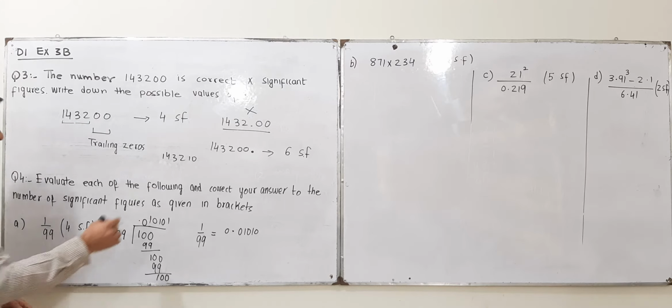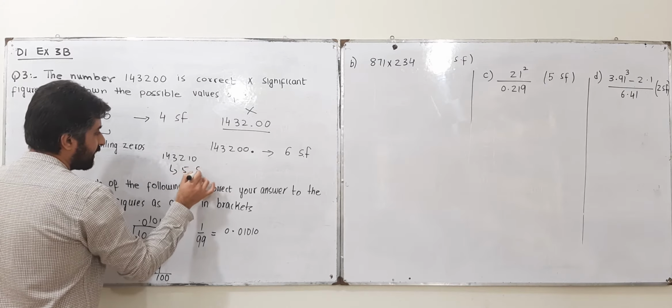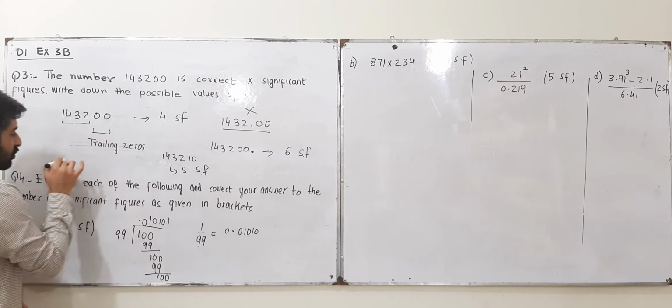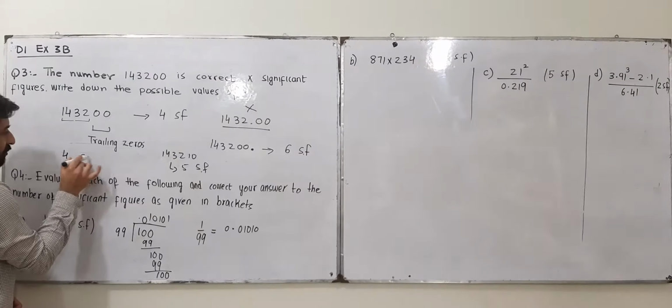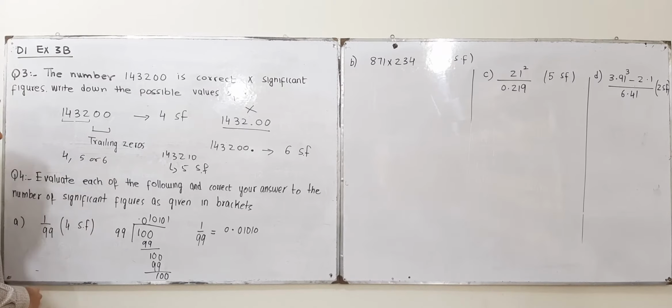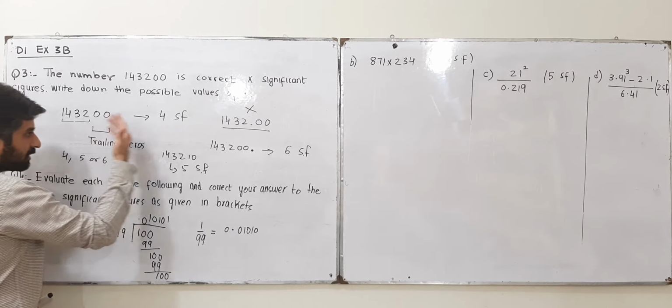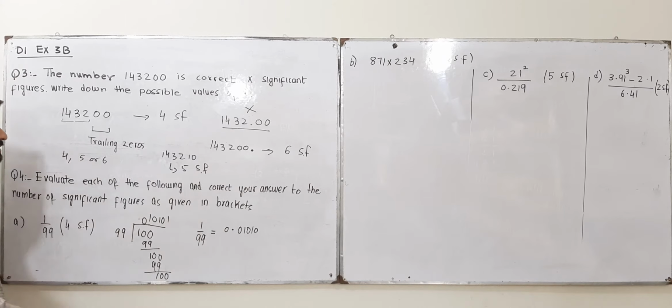So this may be the third possibility, and that has 5 significant figures. So your answer should be 4, 5 or 6 significant figures.